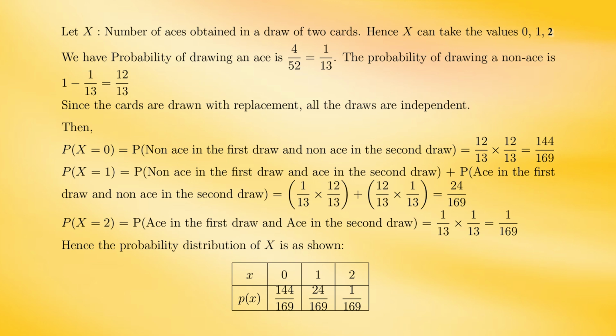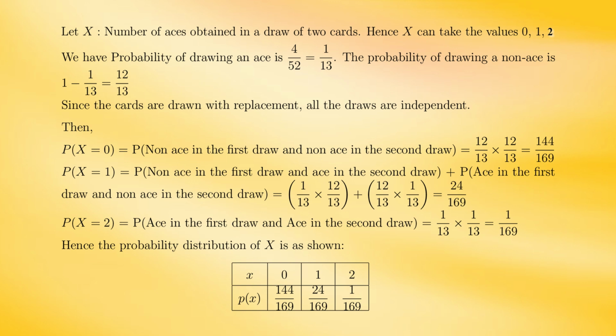We have probability of x equal to 0 is equal to probability of getting a non-ace in the first draw and a non-ace in the second draw, which is equal to 12 by 13 into 12 by 13, which is equal to 144 by 169.